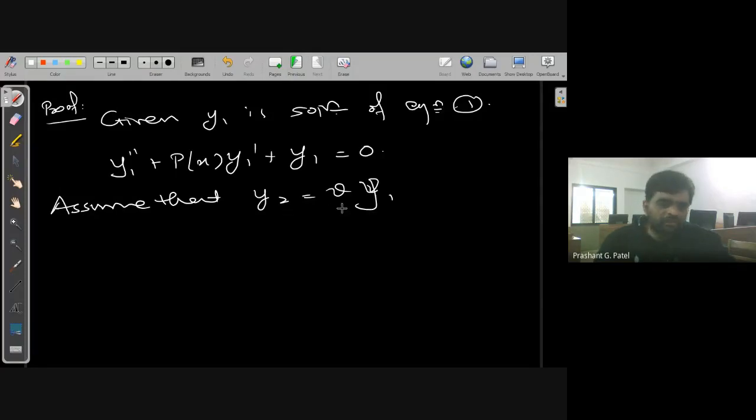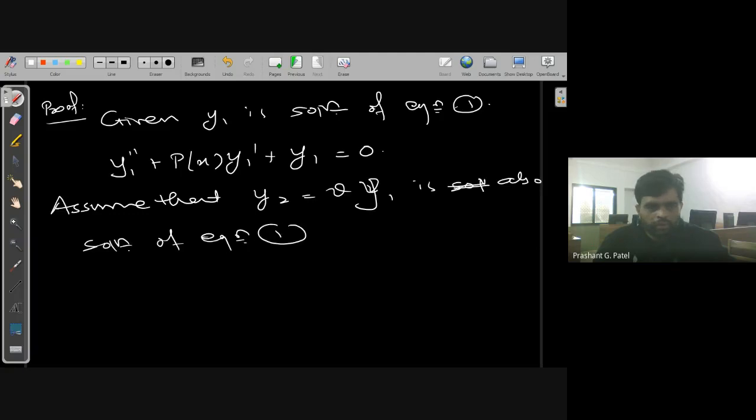But we assume that y2 is also a solution of equation 1, and that v is a non-constant function.